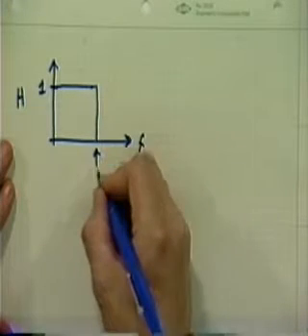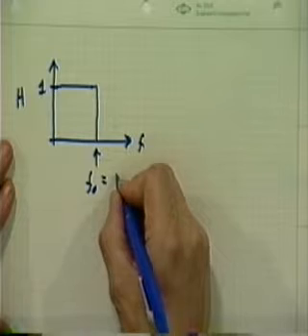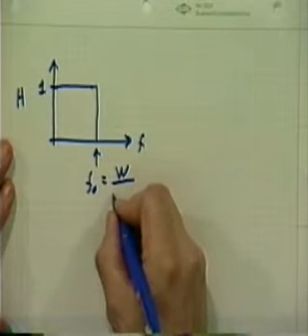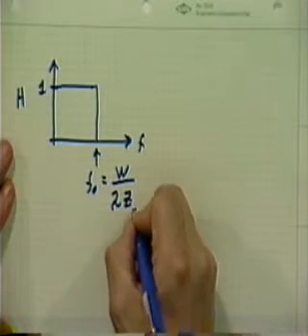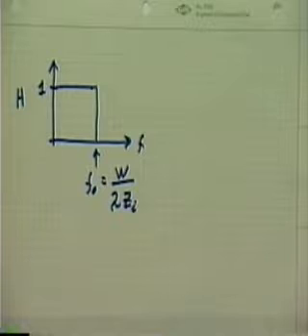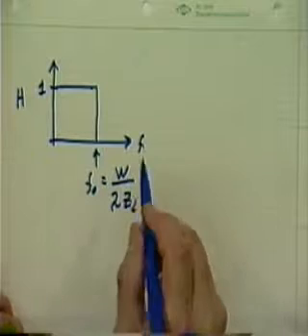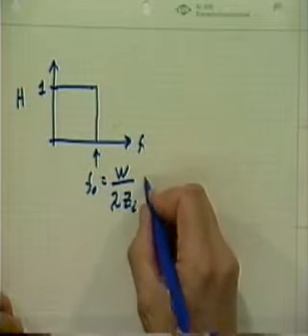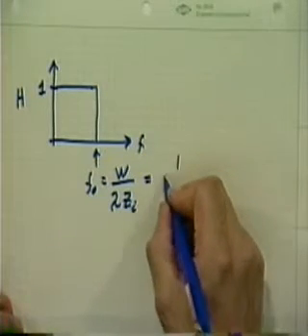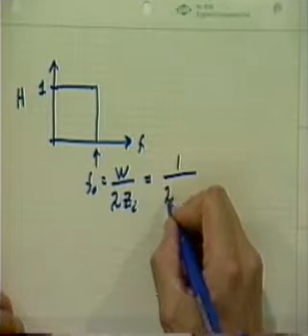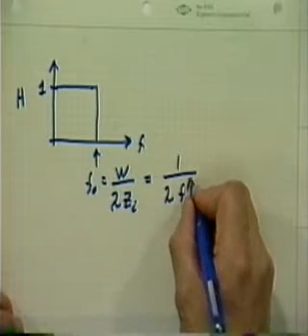And its cutoff frequency, f naught, is w over lambda z sub I. And if I think of a lens of diameter 2w, I could write this as 1 over lambda f number.